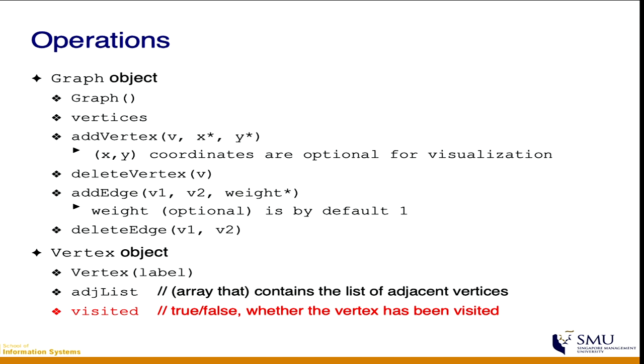So you should be able to add or delete a vertex, and you should be able to add or delete edges. Because there is a visualization component within the Python lab, this specific implementation allows you to specify coordinates. They will place the vertex into some canvas so it can be visualized, but you can do it without that too if there is no intention to visualize it.